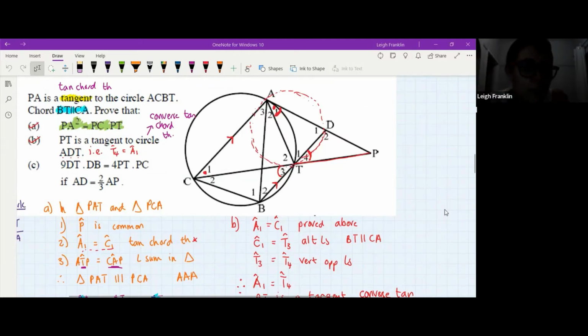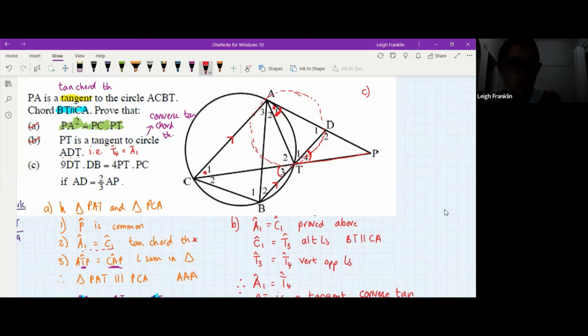All right, so we've proved that PT is a tangent to circle ADT. Now things start to get really interesting. Here in question C, Matrix, they want us to prove that 9DT times DB equals 4PT times PC.